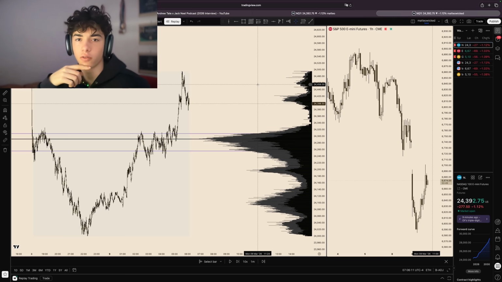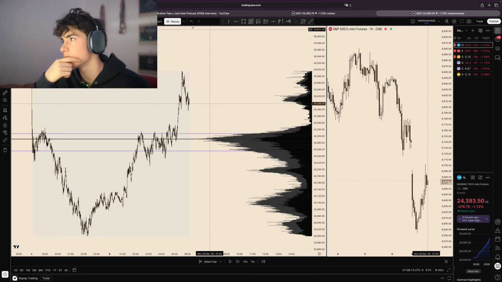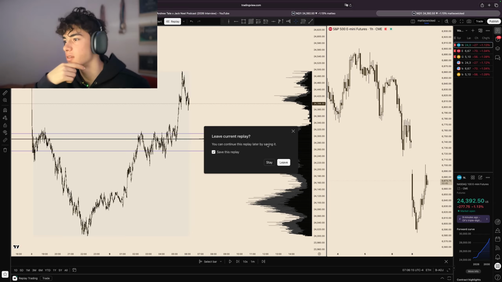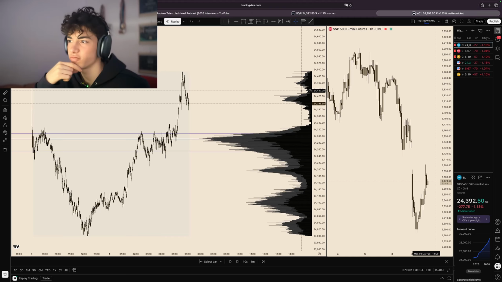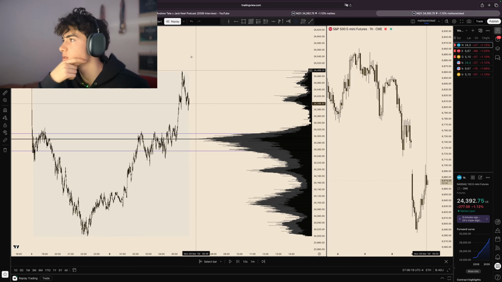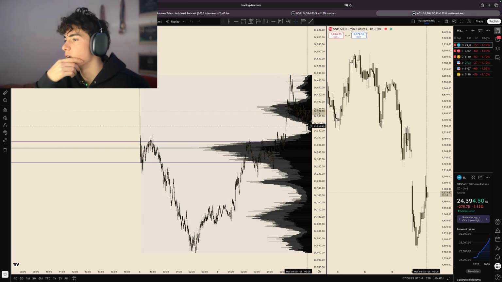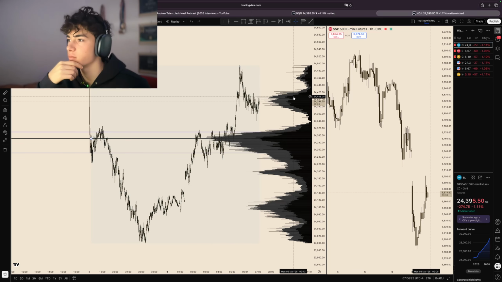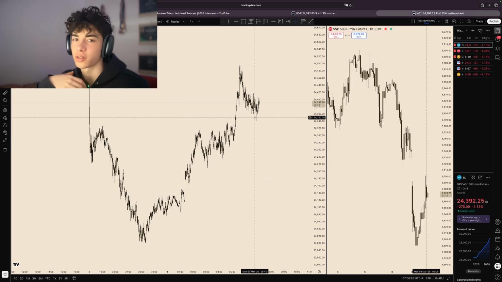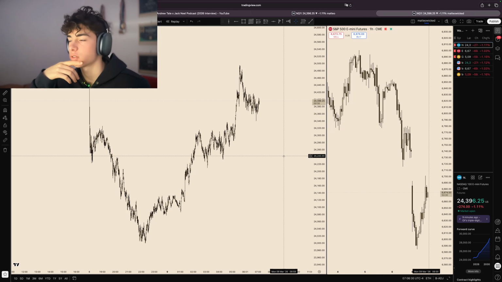This isn't, of course, necessary because ICT itself works perfectly fine, to be honest. But yeah, I started using order flow because it's just a more objective confirmation. So it's great.